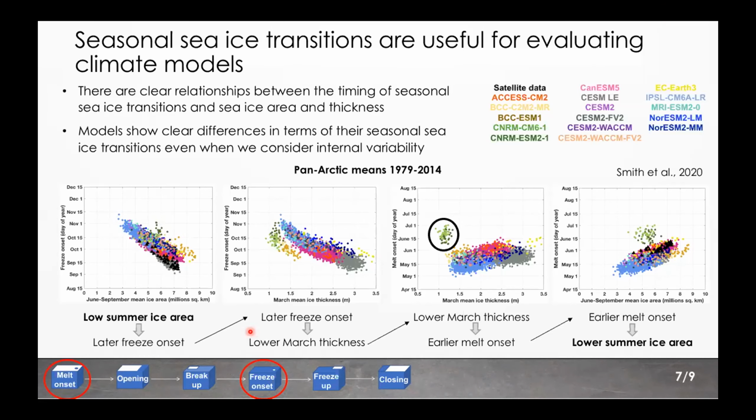Hi, Abby. This is Hyuntang. Very nice work. I wonder when you calculate the Arctic mean onset time, how do you consider the latitudinal dependence?